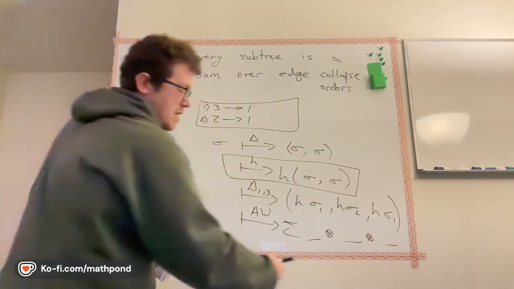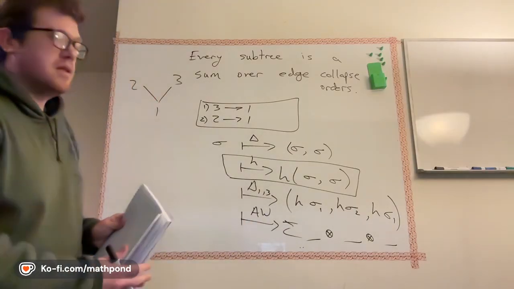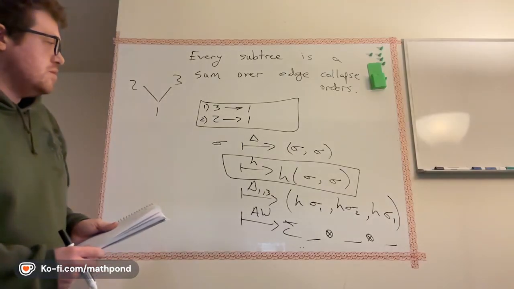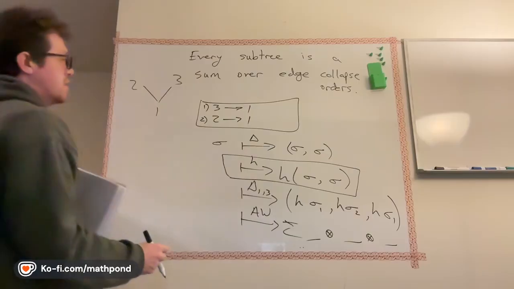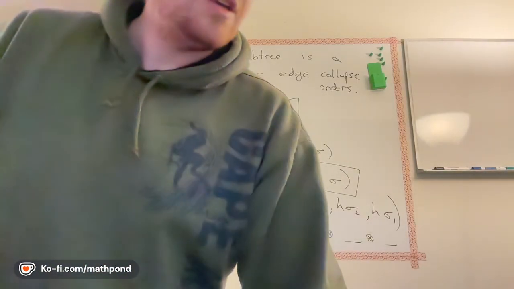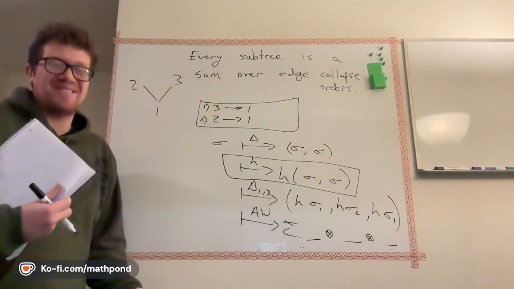We just copy it. And applying Alexander-Whitney is maybe not so trivial, but right, what does H do to sigma comma sigma? That's really the question. I'm kind of running out of steam a little bit.